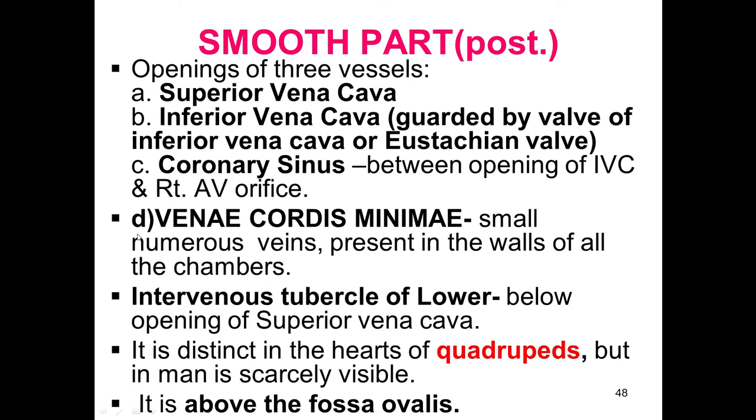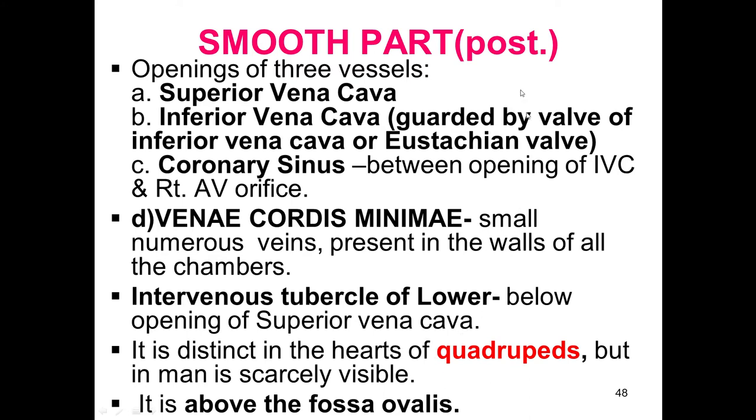Then there are venae cordis minimae, small numerous veins present in the walls of all the chambers. Also there is the intervenous tubercle, below the opening of the superior vena cava. It is not seen in human beings, mostly distinct in the hearts of quadrupeds. It lies above the fossa ovalis.